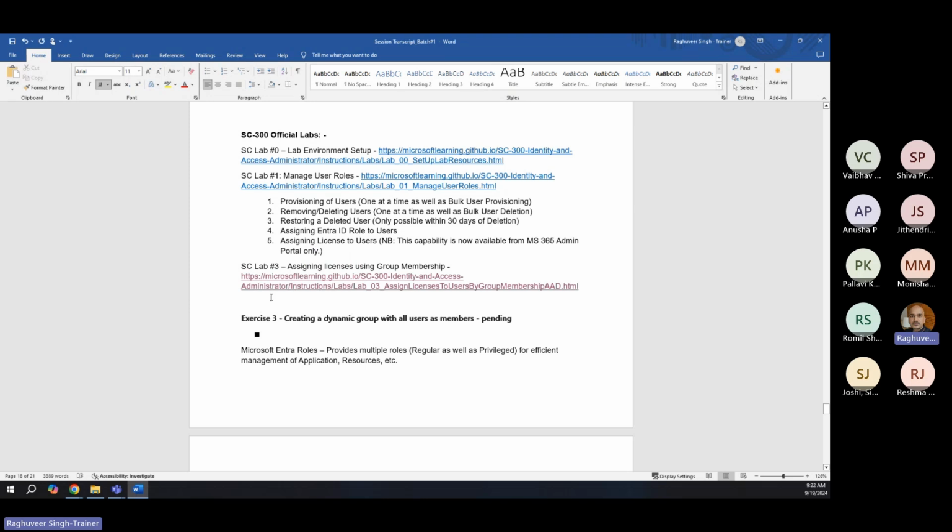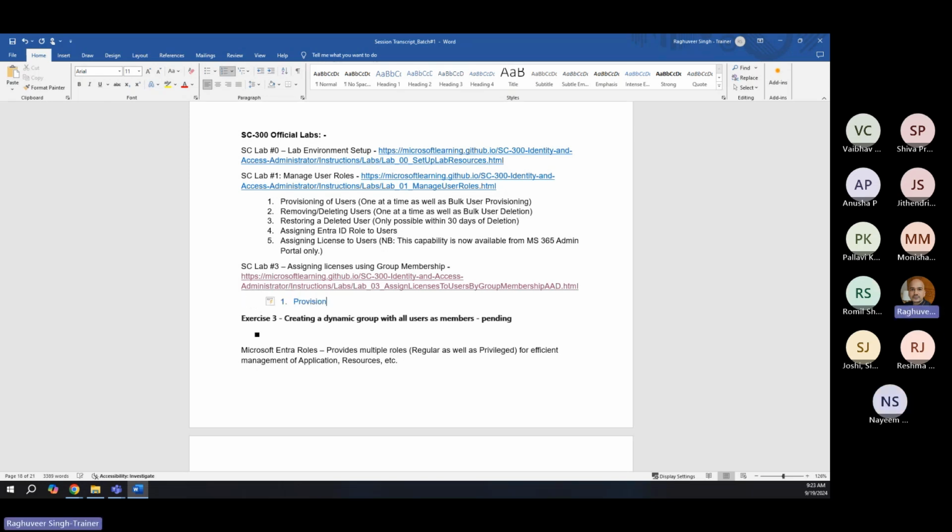So for each exercise, what exactly are you doing? The first part is to provision a security group, and the entire provisioning you will be doing in Entra Admin Center.